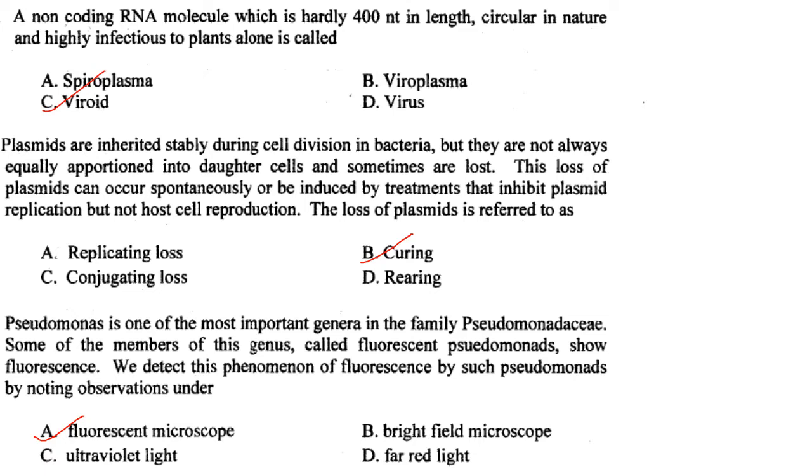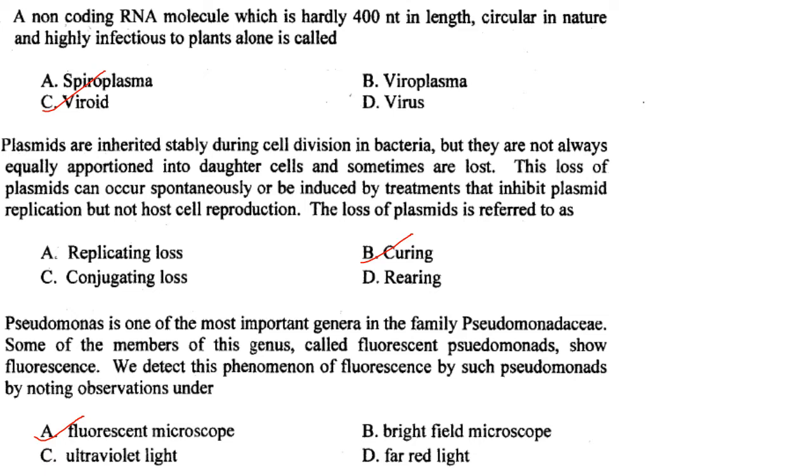That is, plasmids are stable during cell division in bacteria, but they are not always equally divided into both the daughter cells, and sometimes they may be lost during cell division. And this loss of plasmid can occur either spontaneously or be induced by treatments that inhibit plasmid replication but not host cell reproduction.